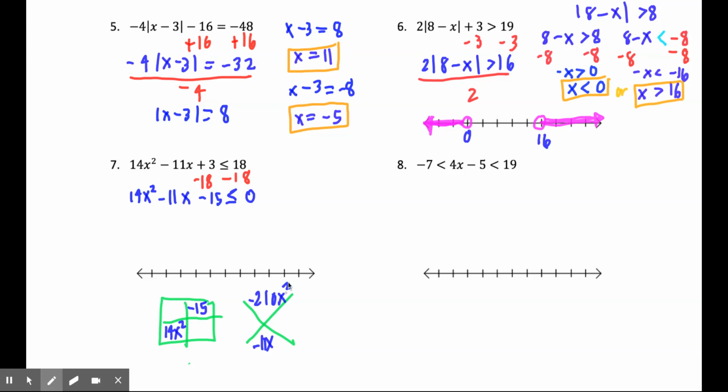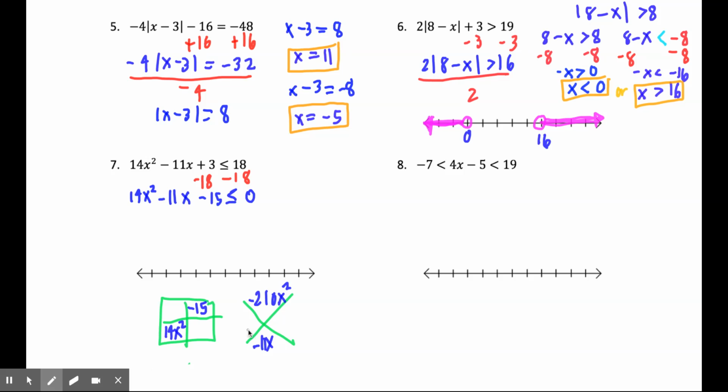And then two numbers that multiply to 210x squared and add to -11 are 21 and 10.